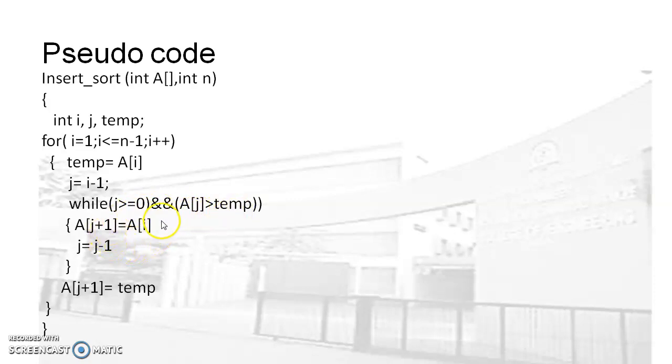We search for the elements, create a position for the elements and then insert that element temp into its appropriate position. So that is insertion sort. For all the elements it is to be repeated, so this for loop is being used, and to insert it at its appropriate position, this while loop is being used.